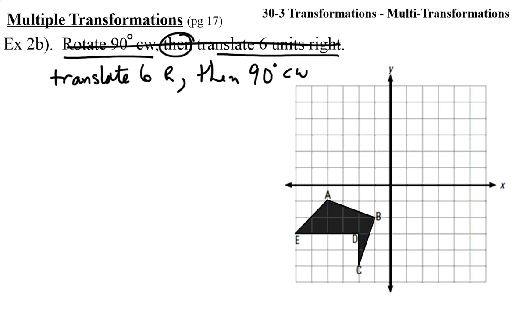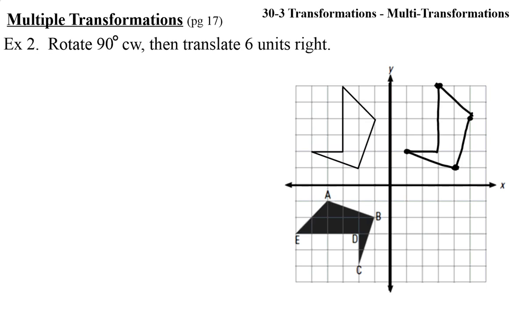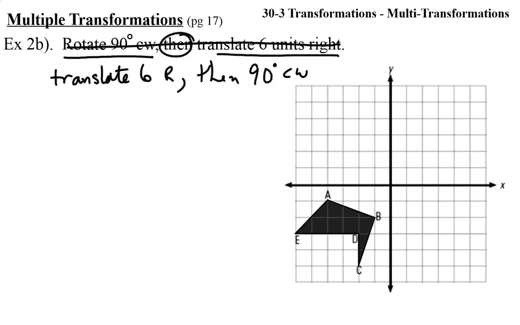Does that matter? That's what makes these kind of interesting. Does the order of it really change things? That's what we're going to check out. Well, we know what it should look like. We finished with, this became object prime, and this was our object double prime, and that's what it looked like. Will we finish with the exact same thing if we translate first?